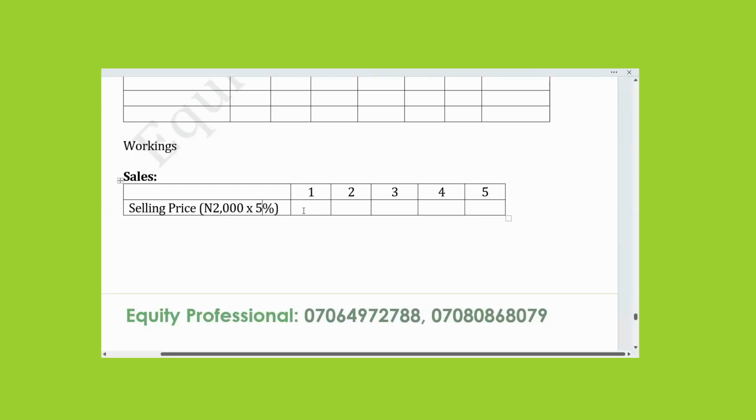Therefore, 1.05 multiplied by 2,000. What do you get? Promise. What's your answer? 2,100. You have to move faster. So 2,100 multiplied by 1.05.